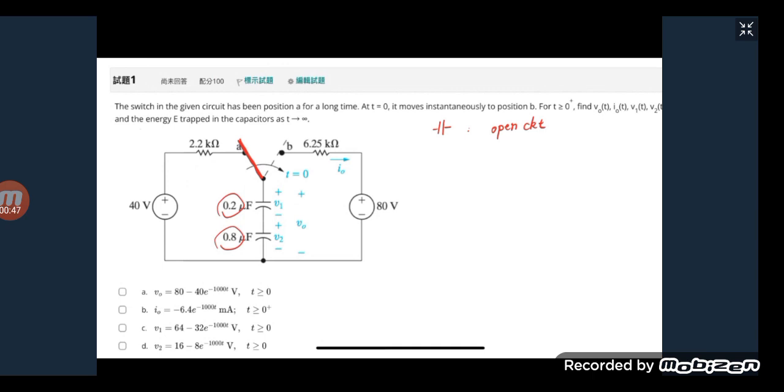Because there's no branch to this part, the capacitors are viewed as open circuits, there won't be any current. Right? There's no current, so here the overall voltage is 40. It's 40.